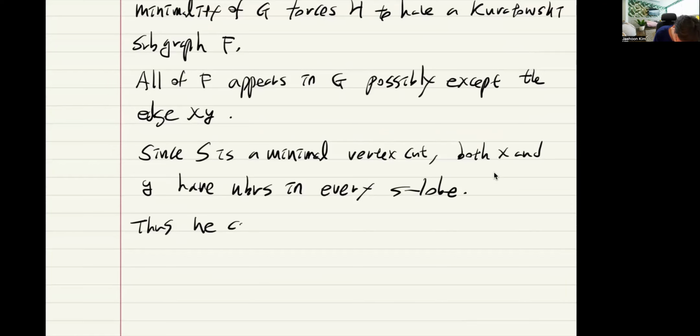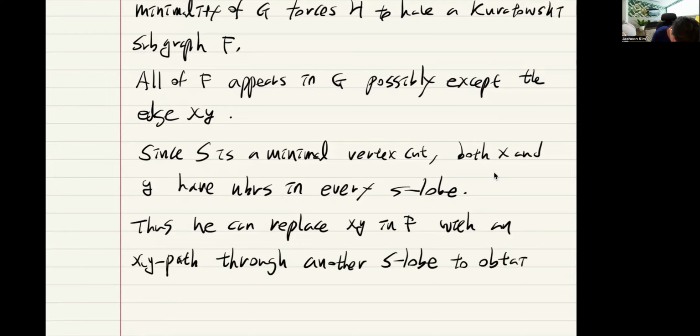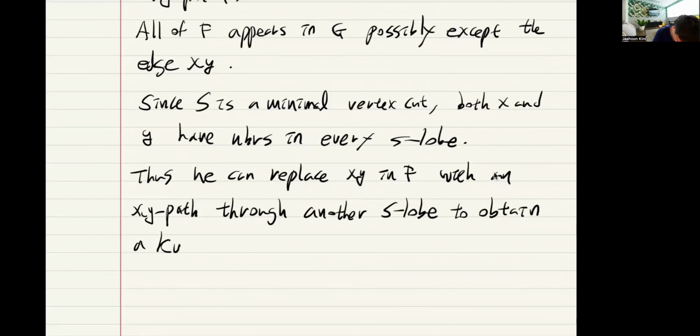Thus, we can replace xy in F with an xy path through another slope to obtain a Kuratowski subgraph.